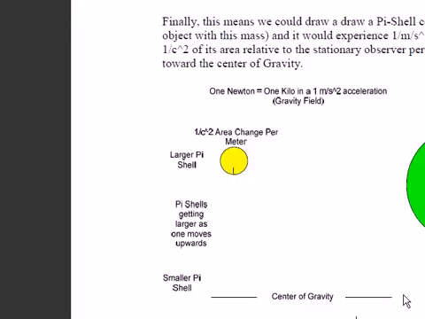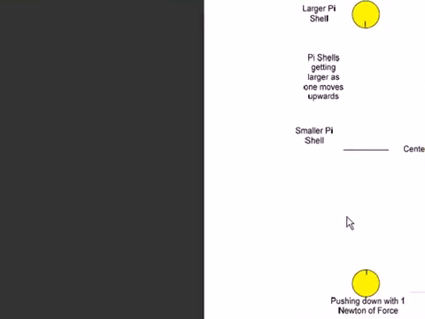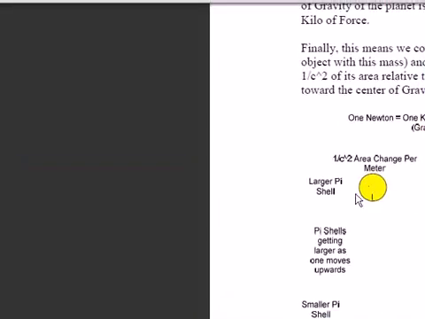So in practical terms, what that means is that when you have a gravity field in pi space, it's seen as an area that atoms move towards on either side of the gravity field, towards the center of gravity. And for each meter that the object falls, it loses 1 over c squared per meter in a 1 Newton, 1g gravity field.